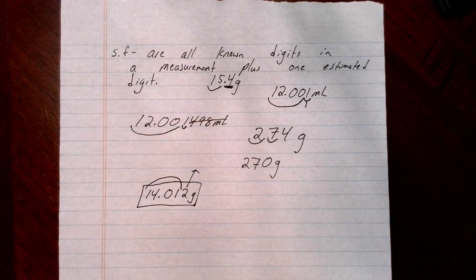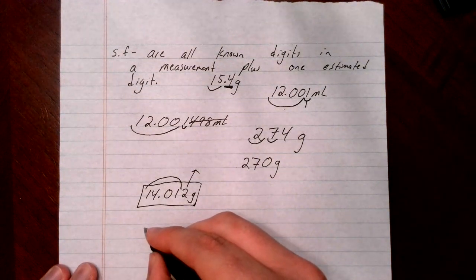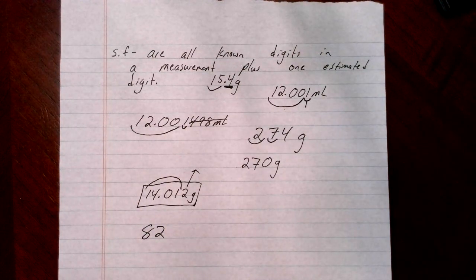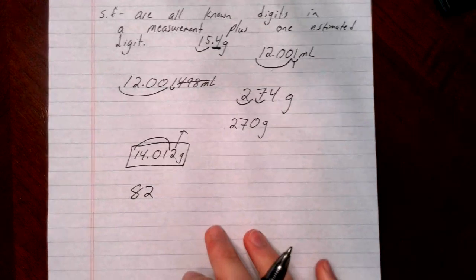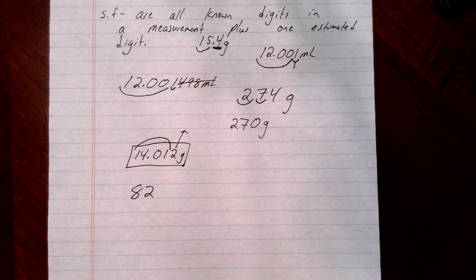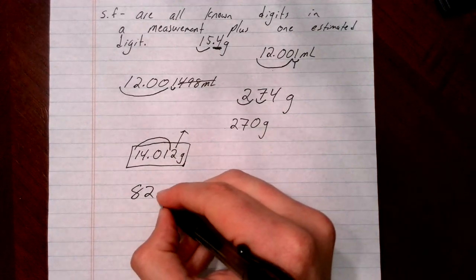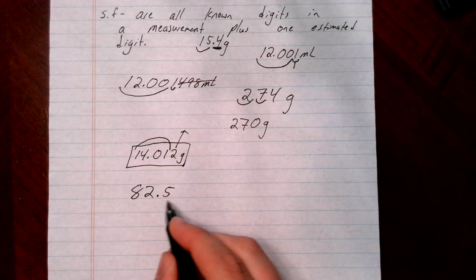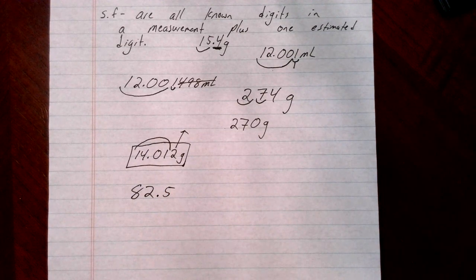So look at the first image in your notes. You have a thermometer. On that thermometer, it is measured off in increments of 1. So we can be confident that the temperature is 82 because it's divided off into those numbers. So I know it's 82, and then I'm going to estimate that it's 82.5. Because this 0.5 is an estimate, yours could be different than mine.